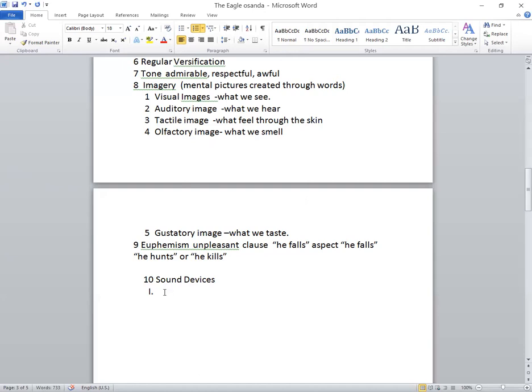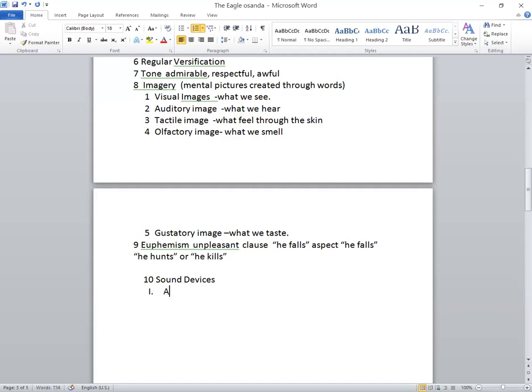Knowing that much is quite enough for you, because you are not advanced learners of literature. You are just beginning to learn literature. What are the common sound devices? Yes, tell me. 3 common sound devices.